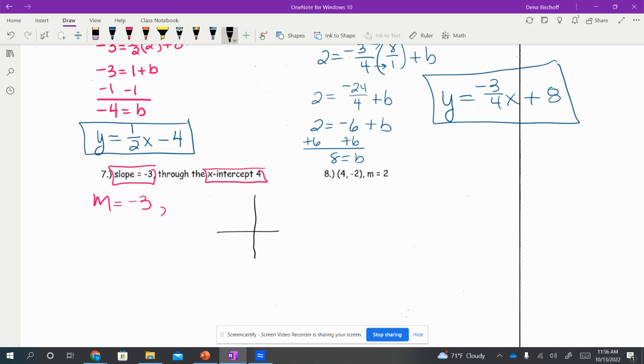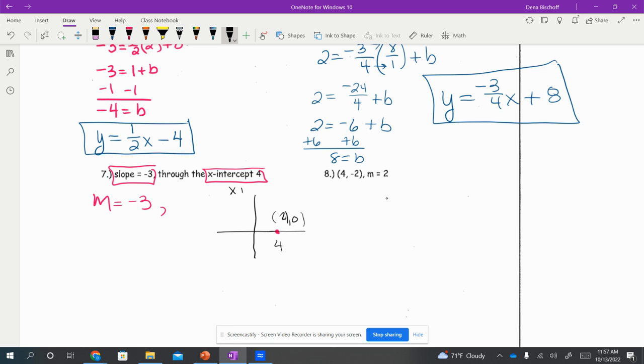So if I were to draw a little graph, the x-intercept would be right here at 4. What is that ordered pair on the x-axis? It's 4, 0. This is the ordered pair 4, 0.